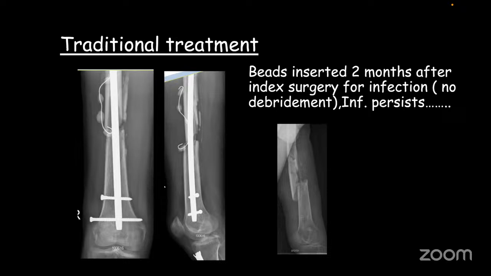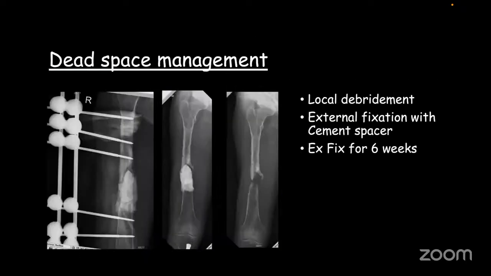This dead bone was experimented with using multiple drill holes, removing only part of it. Now, with so many options available, we are aggressively treating that by excising it entirely. And then we do the dead space management with antibiotic cement, which is used for local delivery of the antibiotics.